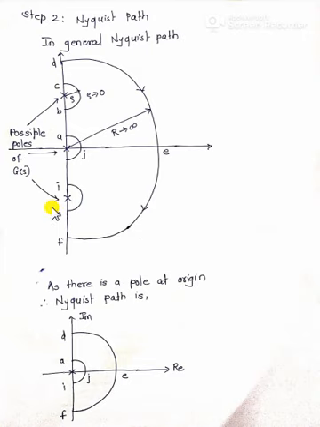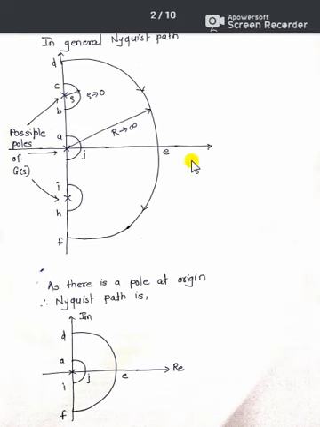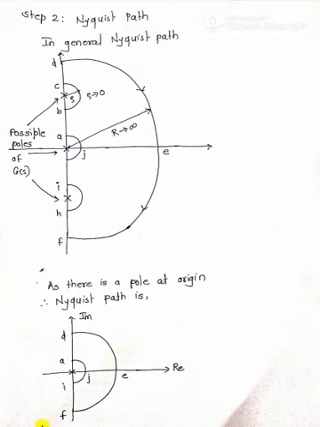Step number 2 is we have to draw a Nyquist path. So this is the general Nyquist path. Here we have 3 poles. One pole is at the origin, and these other two poles are both lying on the imaginary axis and are complex conjugates of each other, right?